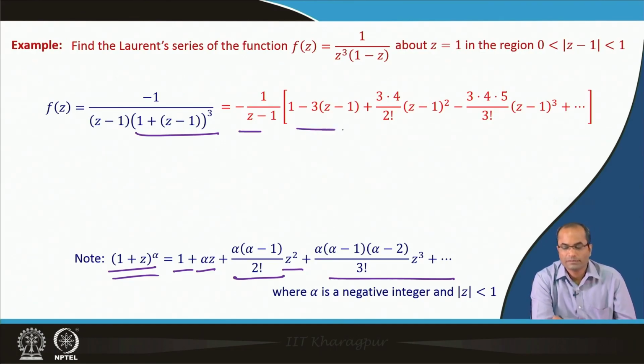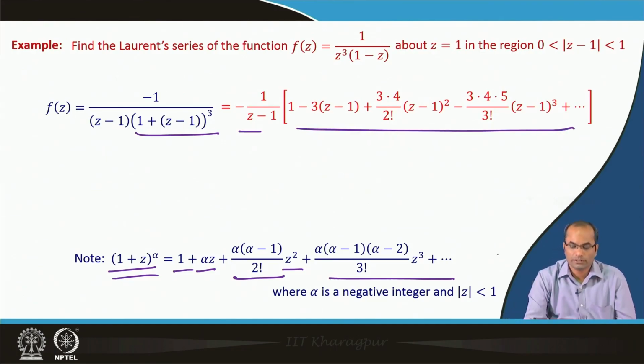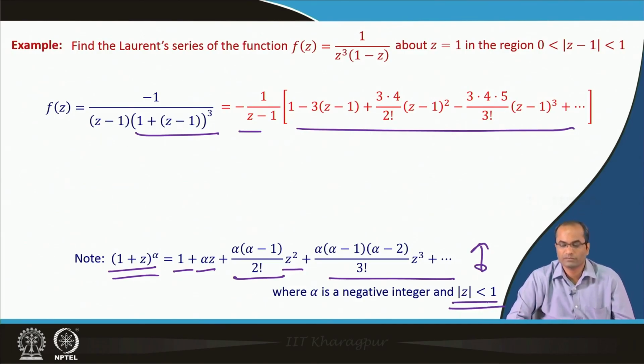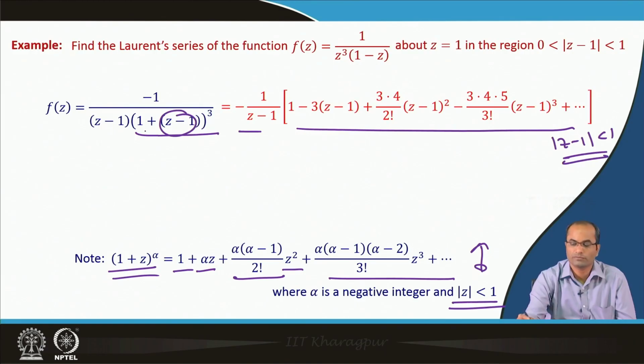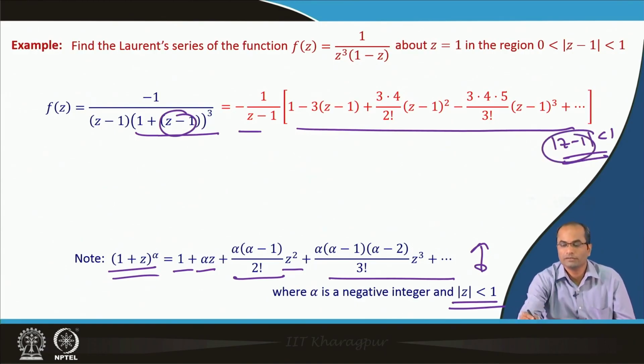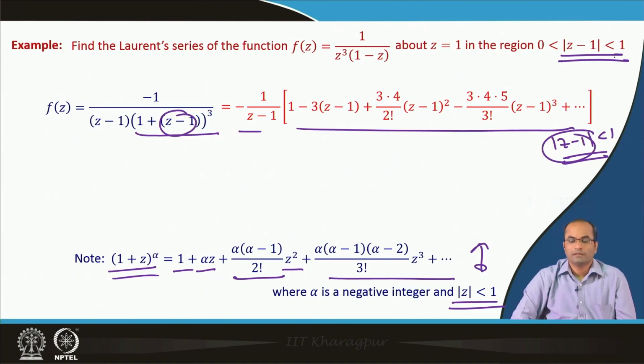Well, so we have expanded this using the expansion whose validity region was mod z less than 1. Here also our validity region is mod z minus 1 less than 1, because we are expanding 1 plus z minus 1. So, mod z minus 1 less than 1 will be the validity region of the series.